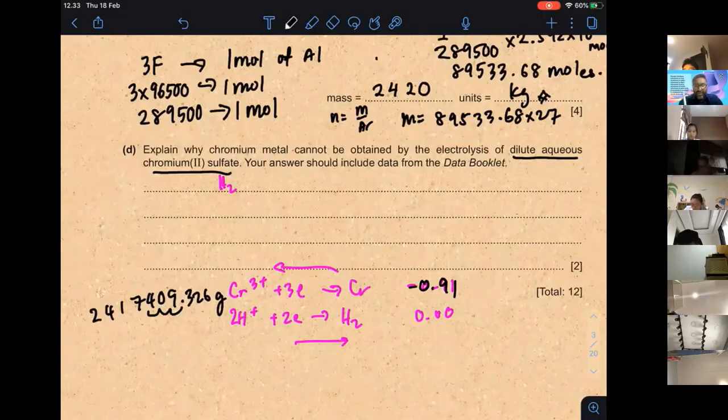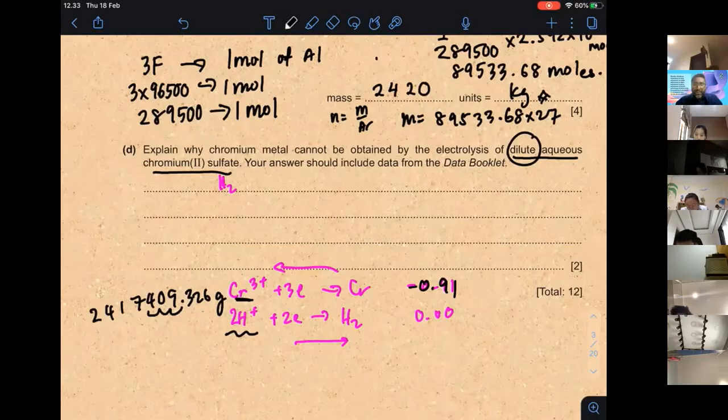So if it is Cr3+ plus 3 electrons, and then dilute aqueous chromium sulfate, we are going to use the chromium ion, and another thing that we are going to use is not the sulfate, we are going to use the hydrogen ion. So why chromium metal cannot be obtained by electrolysis of dilute aqueous chromium sulfate. The dilute over there is going to be, we need a positive ions over there.